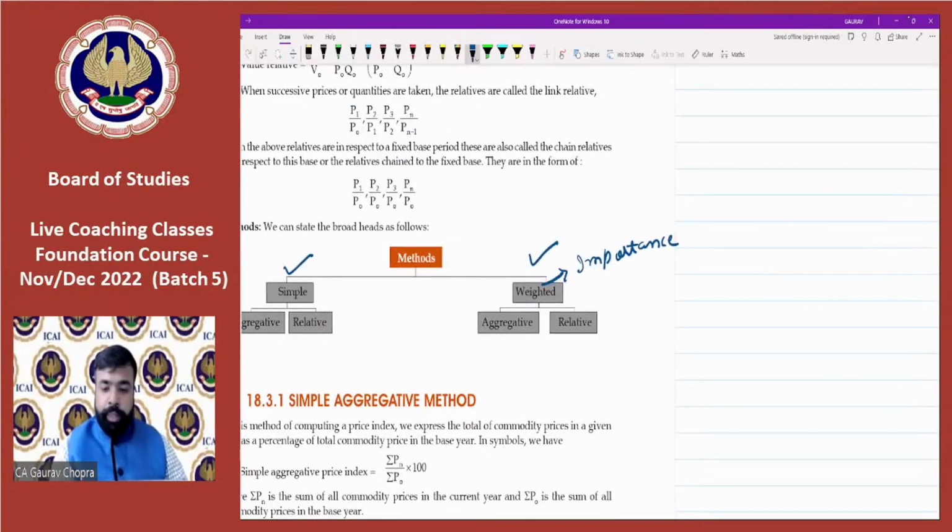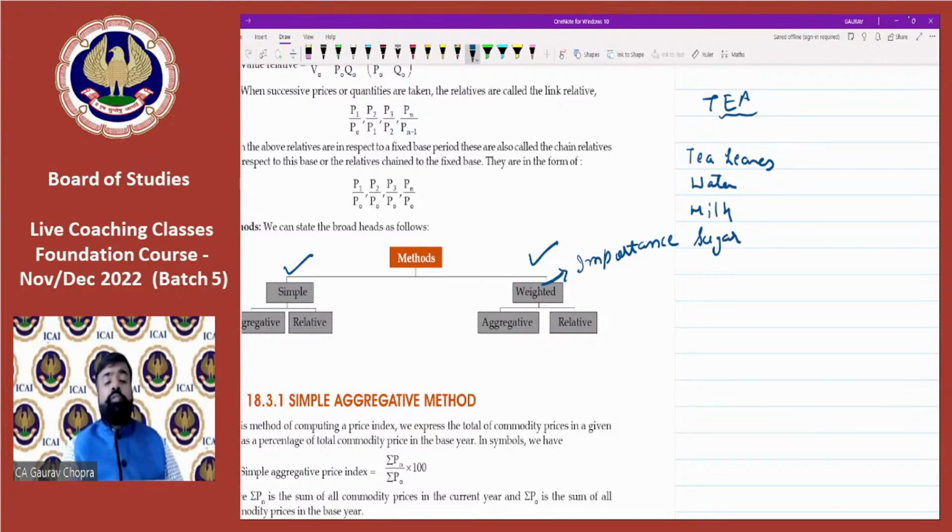One example: if we want to prepare tea, what are the requirements? We require tea leaves, water, milk, sugar, and any other flavor which we want to add, like cardamom or any other masala. All these things are required.